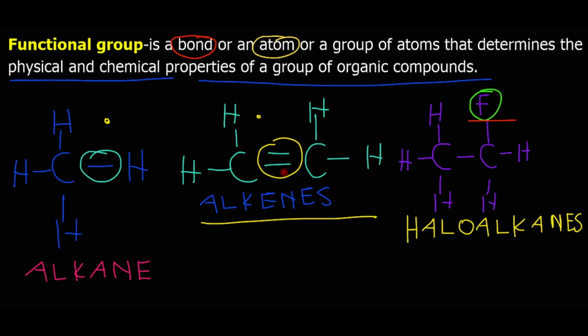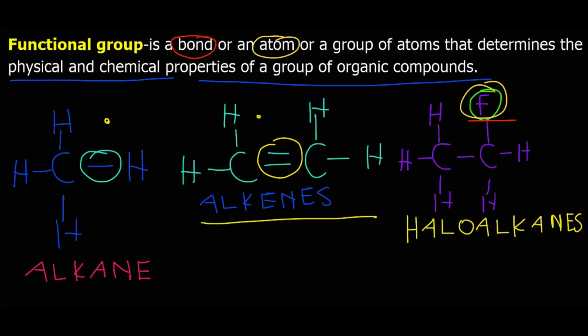This one and this one are different because of a bond, and then again they are different because of an atom. So that is why it says it's a bond or an atom or a group of atoms that determines the physical and chemical properties of organic compounds.